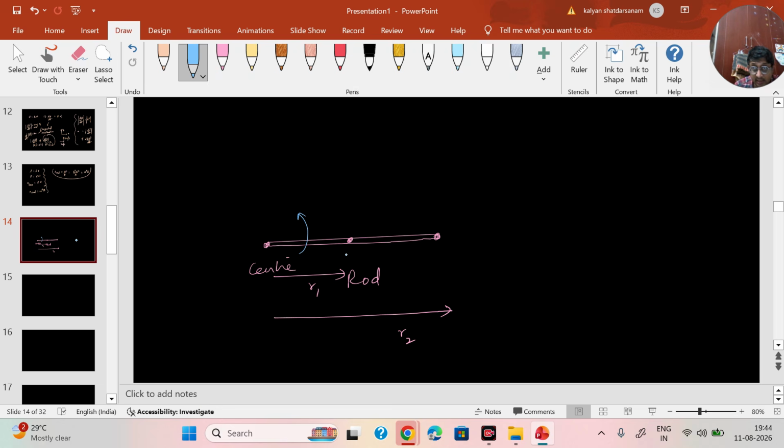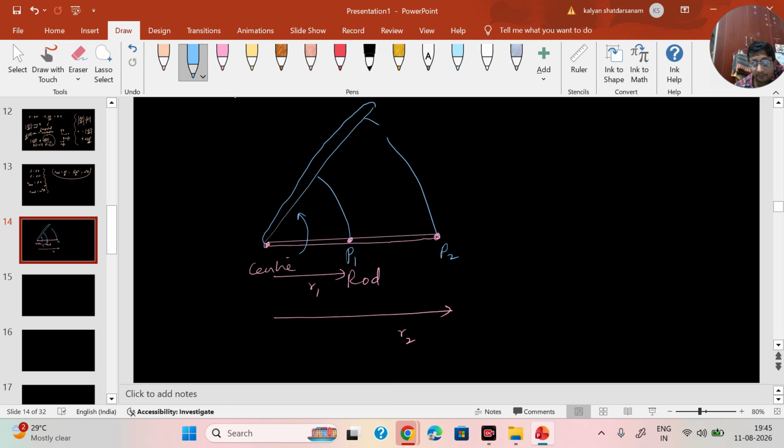One particle is here, I'll call it P1, and the other particle here P2. There are two particles, and as the rod rotates, the radius vector rotates, these particles are also going in circles. So this particle is going in a circle, this particle is going in a circle.